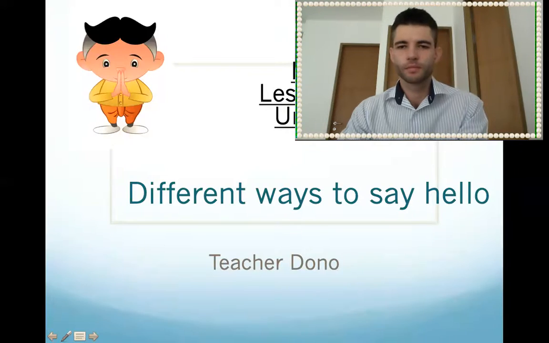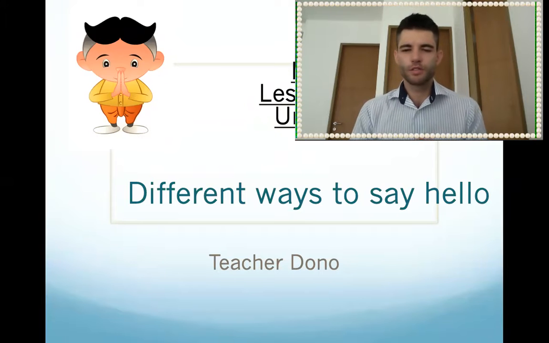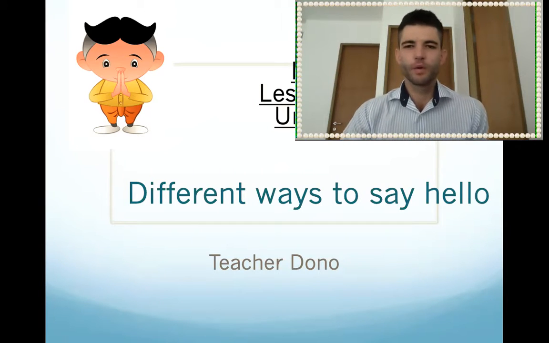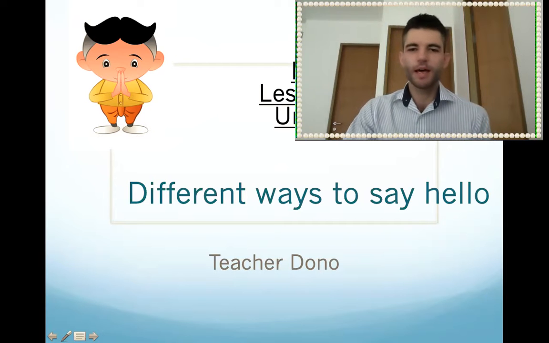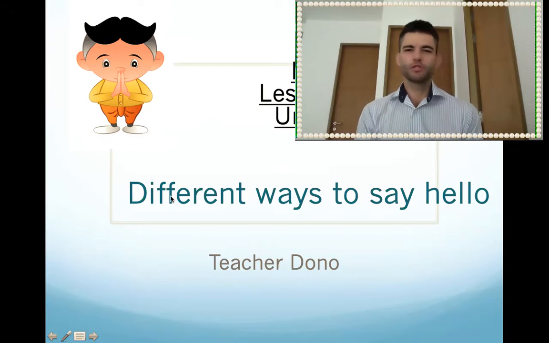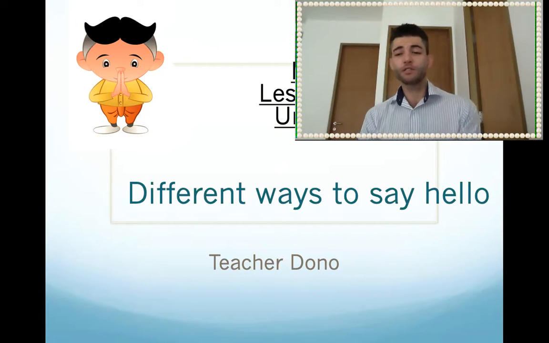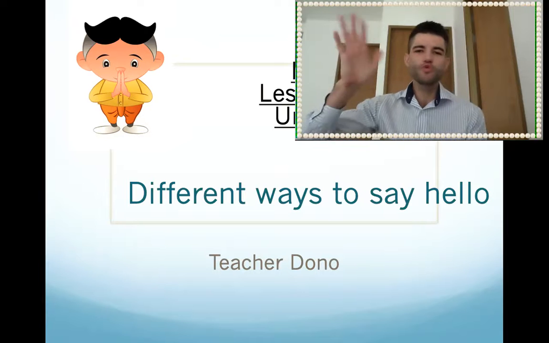So we can refresh our memories. So let's go. So today we're doing lesson 1, unit 1. And you can see here, our topic is different ways to say hello.